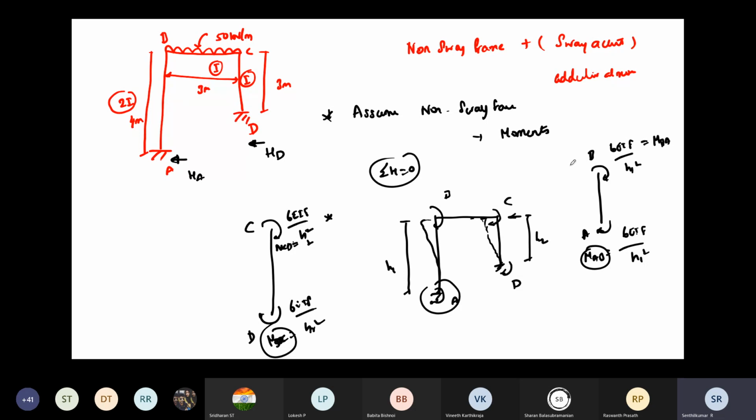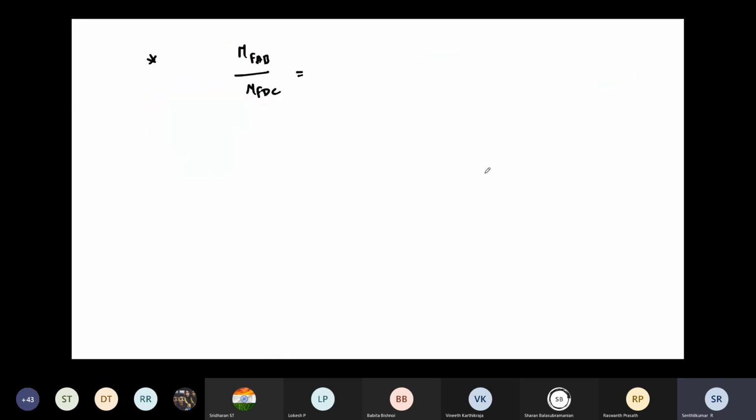We know that. And we know the ratio of MBA and MDC, MCD. We don't know the value of delta, so we don't know the value of MAB, but we know the ratio. What is MFAB? 6EI delta divided by H1 square. This is 6EI delta divided by H2 square.